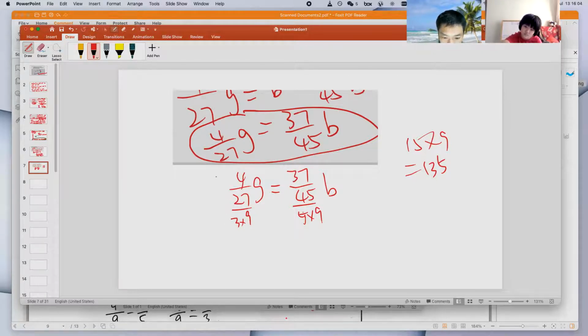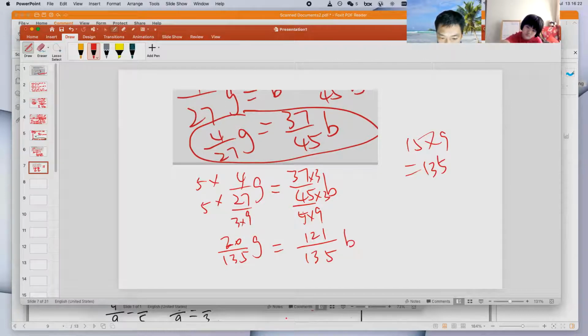Okay, so times 5, so you get 20/135 G equals to 111/135 B. So this times 3, this is 1 to 1 B. Yeah. So G to B is what's up? 111 to 20, right? Yeah.